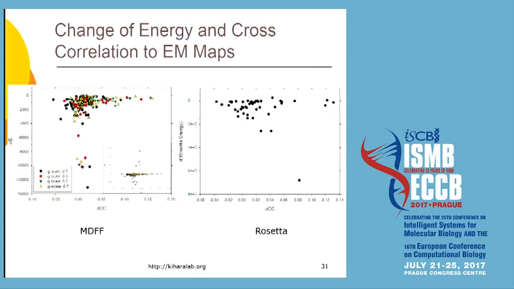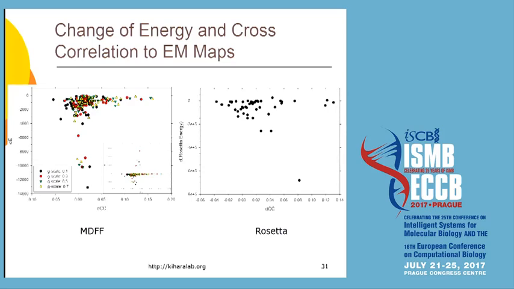There were 39 maps, 49 maps, and this shows the results after refinement. The left side is the MDFF. The x-axis shows the cross correlation, checking how well the structure is fitted to the EM map.